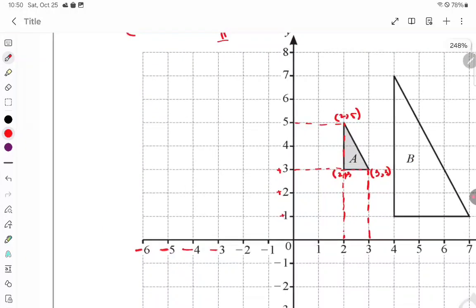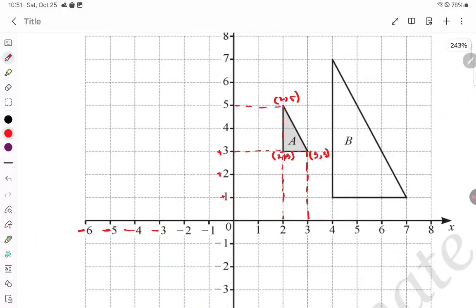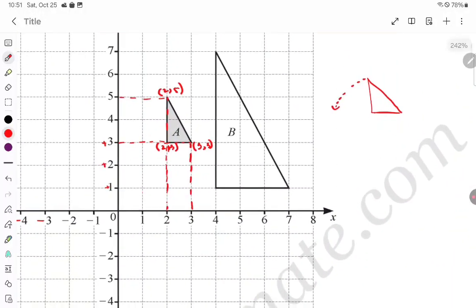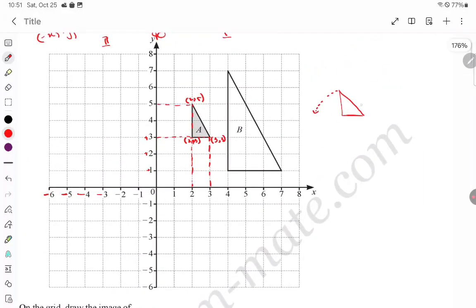Now, in the rotation, the x will become y and the y will become x, because this is our rotation which is anti-clockwise, so this will become right here like this one. So when we shifted it right here, the triangle becomes this. This is the anti-clockwise rotation.